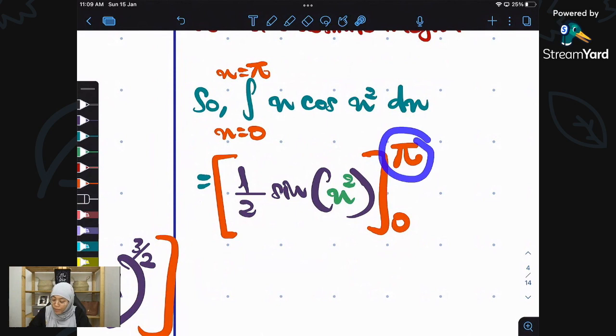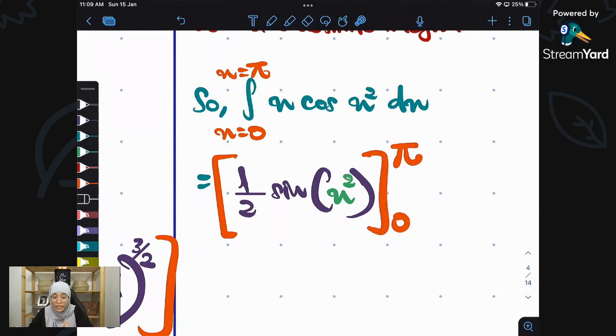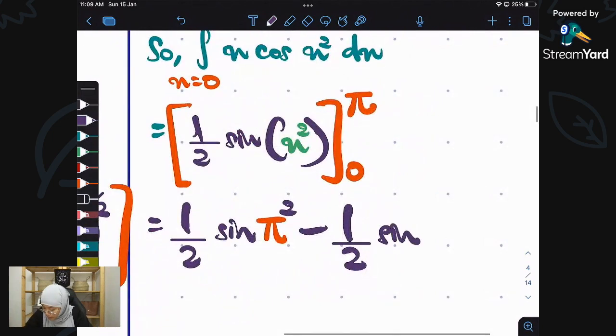So this is what we are going to do. We are going to put in the value of pi into the x there and also the 0 there. Subs in the value wajib ditulis ya, sebab itu adalah permakahan. So 1/2 sine pi squared minus with 1/2 sine 0 squared.